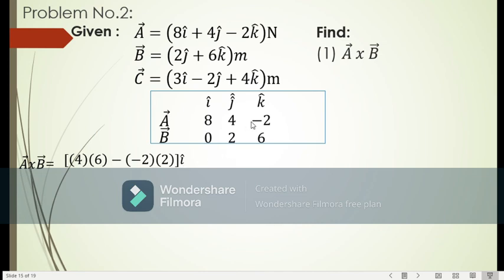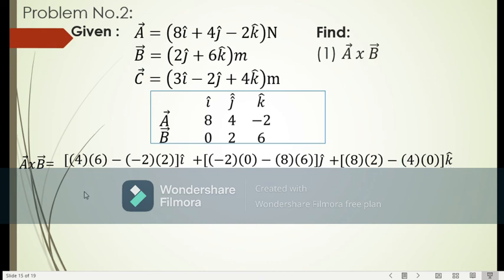Plus, let's multiply K cross I and I cross K. So plus negative 2 times 0 minus 8 times 6. Direction is J hat. And the last is I cross J and J cross I. So I cross J is 8 times 2. J cross I is minus 4 times 0. The direction is K hat.